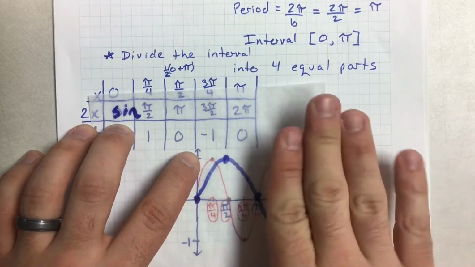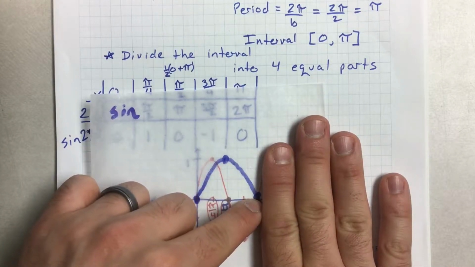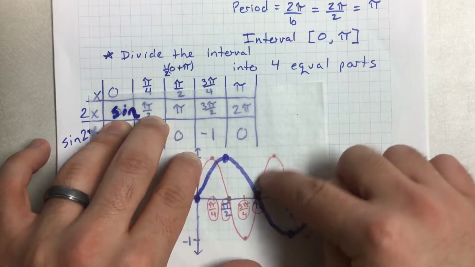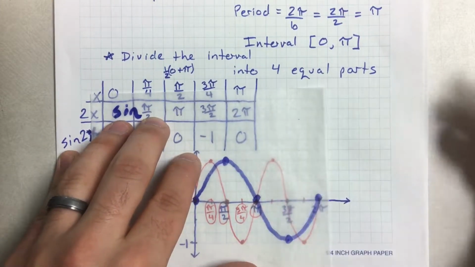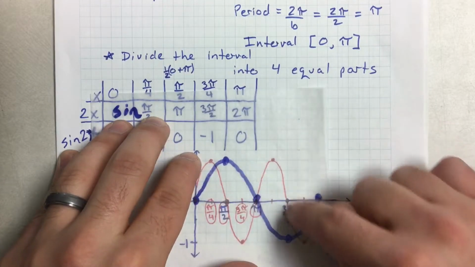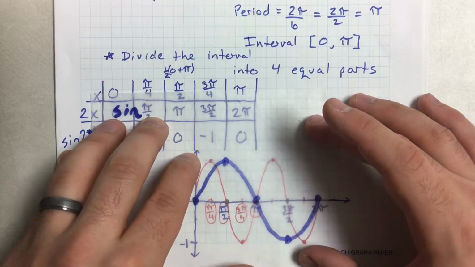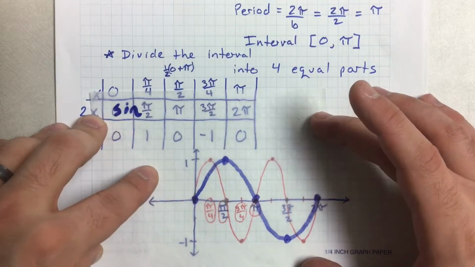Here it only took the graph pi to get 1 full cycle in. So within that 2 pi range, it got 2 full cycles in. And that's actually a concept called frequency. Getting 2 full cycles within 2 pi is frequency. But you can see how it compares to the basic sine function.